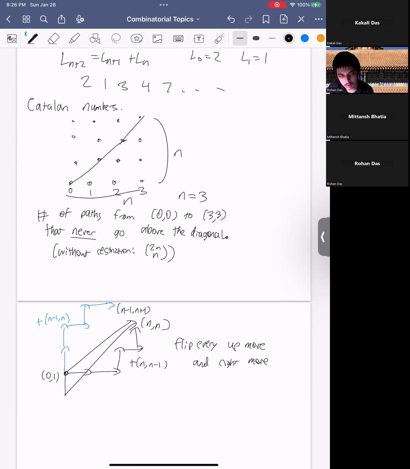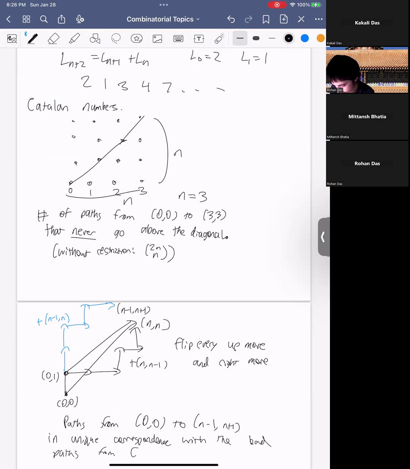And it takes some effort, but it's not too hard to show that paths from 0, 0 to n minus 1, n plus 1 are in unique correspondence with the bad paths from 0, 0 to n.